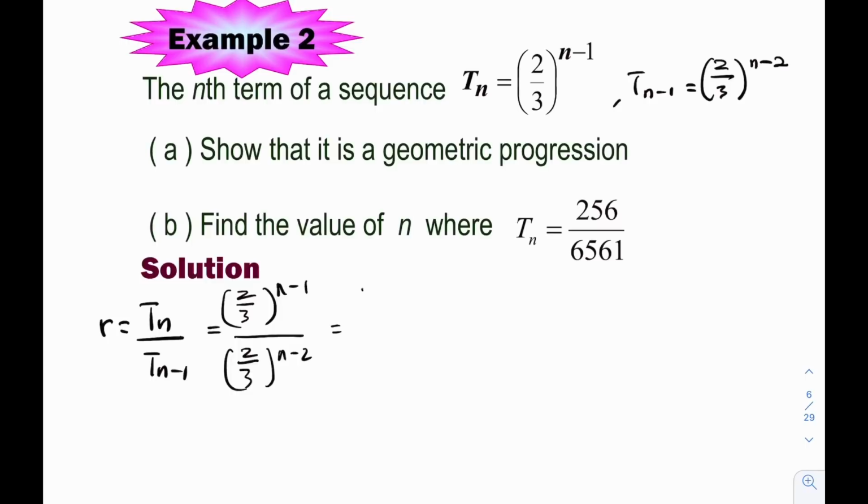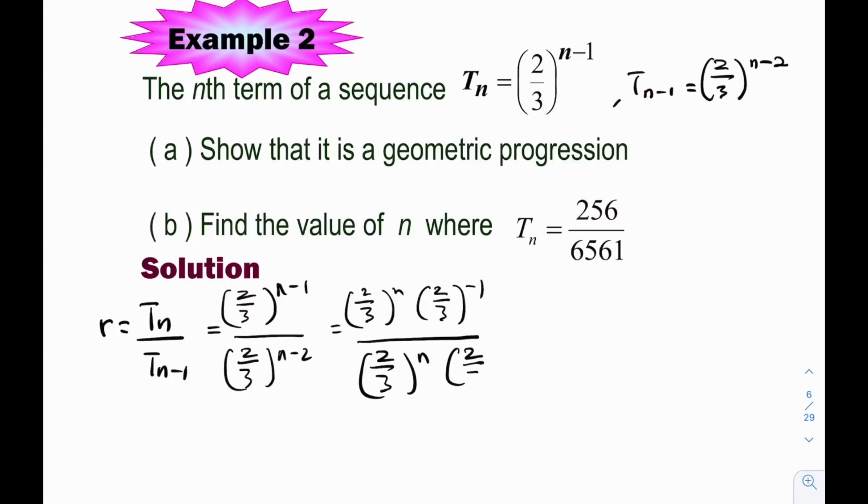This is also equals (2/3) to the power of n and (2/3) to the power of negative 1 for the numerator, and for the denominator, (2/3) to the power of n and (2/3) to the power of negative 2. Cancel out (2/3) to the power of n, and then this equals 2 over 3.